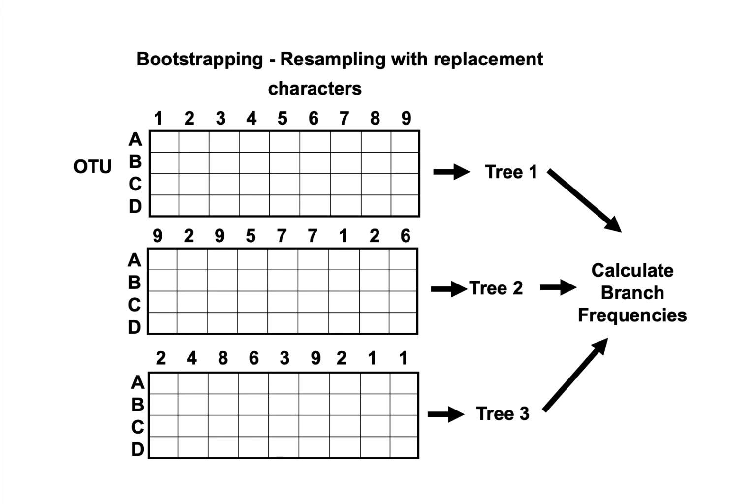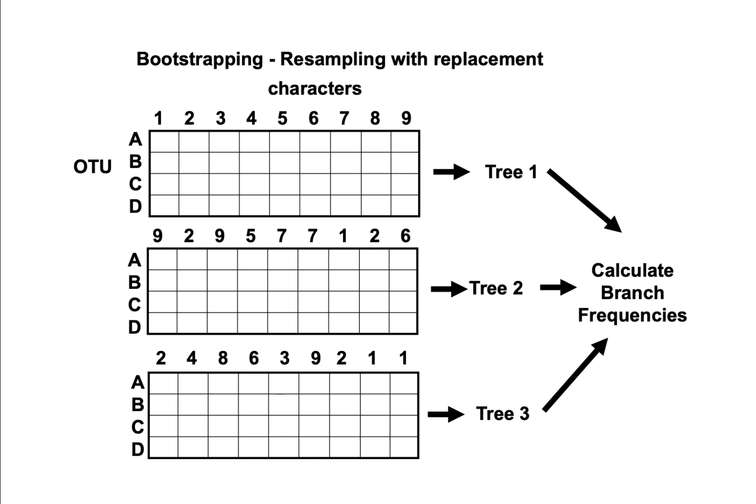And usually in most bootstrapping, it's done 500 to 1,000 times. So 500 to 1,000 trees are then produced, and then that information is searched to determine how many times particular branches appear on each one of those trees.